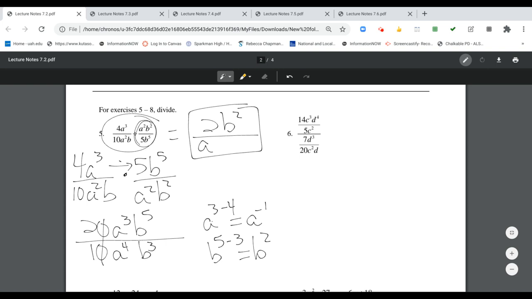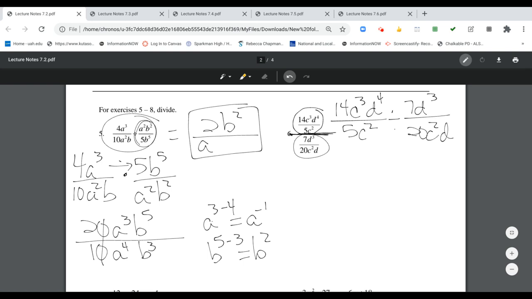Now, number 6, the way they have written it, it's a funky division problem because it says the numerator divided, that's my division symbol, by the denominator. So technically, that is 14cd to the 4th over 5c squared divided by 7d to the 3rd over 20c squared d.